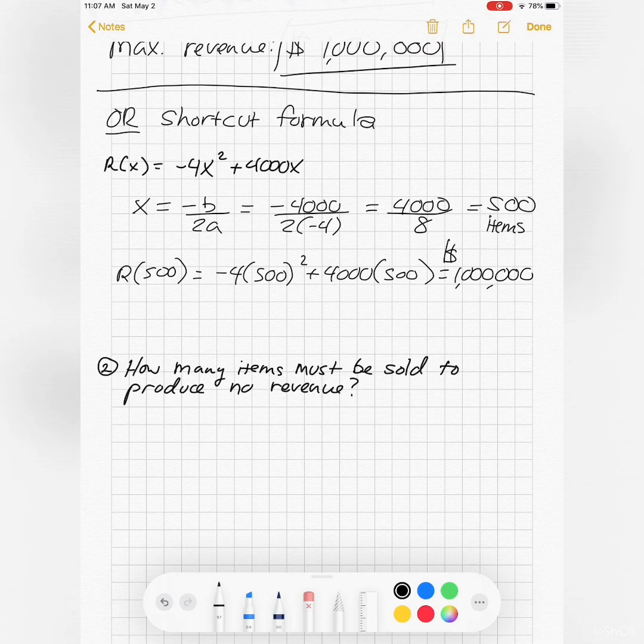How many items must be sold to produce no revenue? In other words, wouldn't that be asking when is the revenue equal to 0 for there to be no revenue? So I'd set that up like that, right?